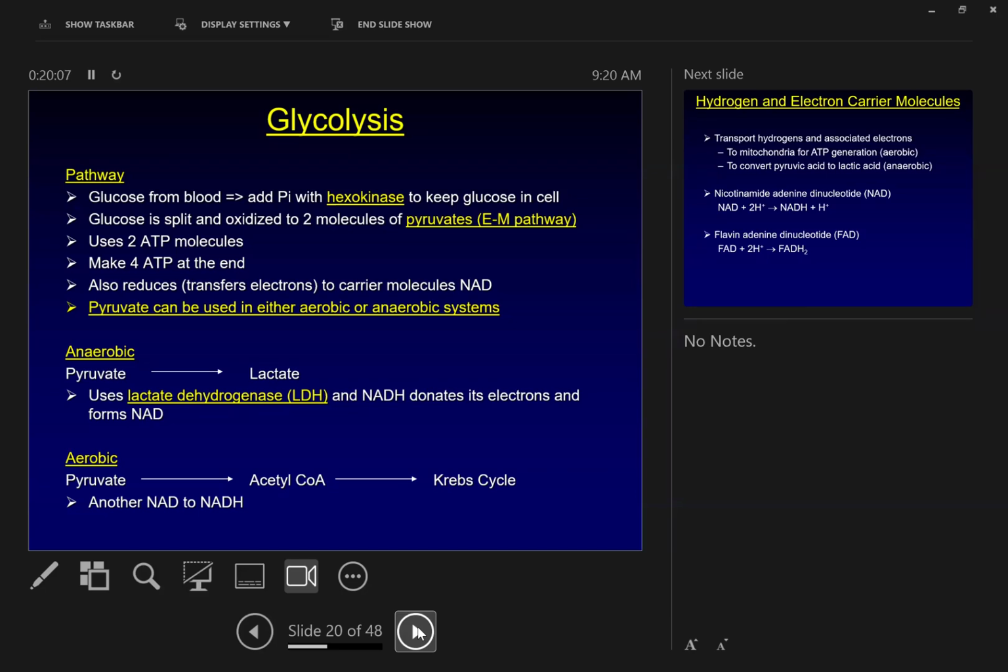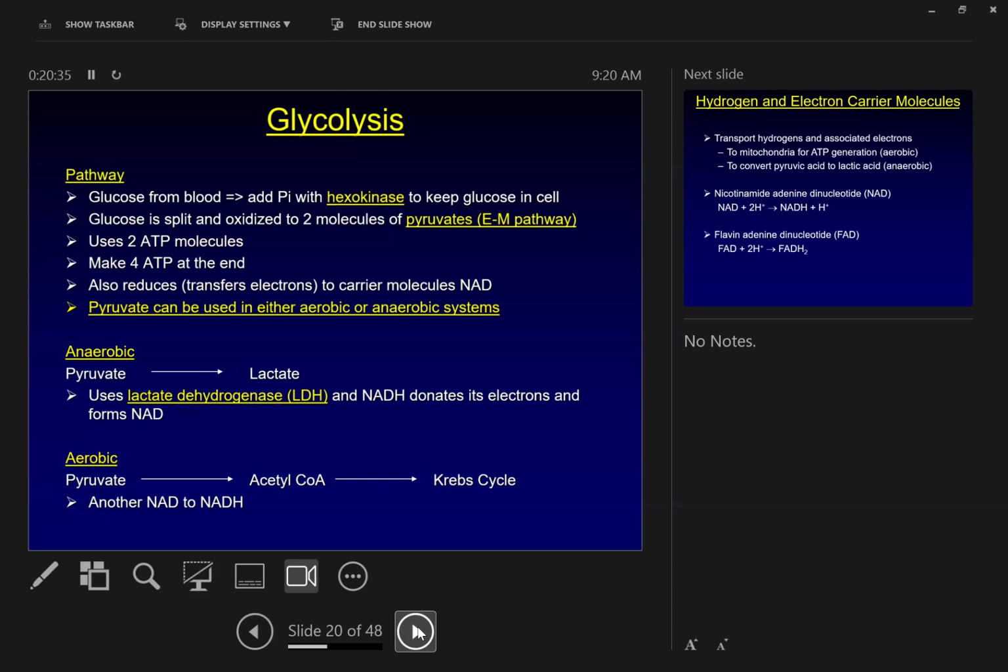The aerobic fate of pyruvate is we're going to take pyruvate and stick it into the mitochondria. So it's gone from being in the cytoplasm into the mitochondria. We make something called acetyl coenzyme A. Acetyl is a 2-carbon molecule, and coenzyme A is just a carrier.